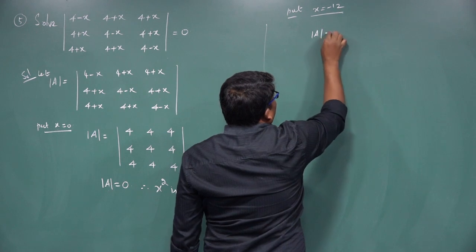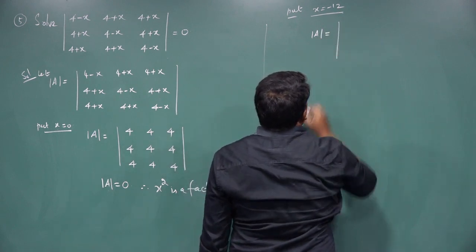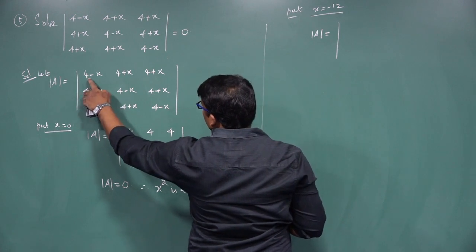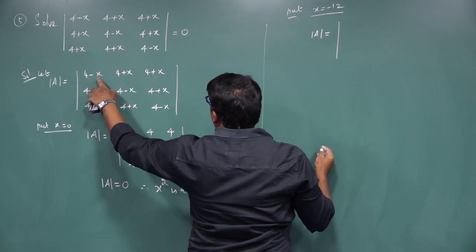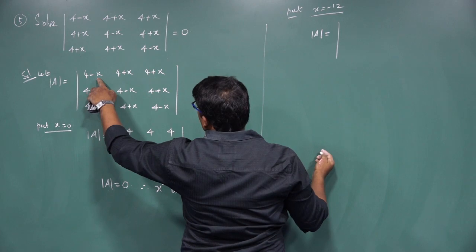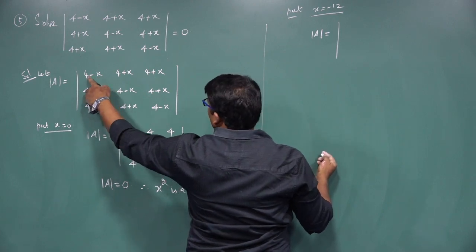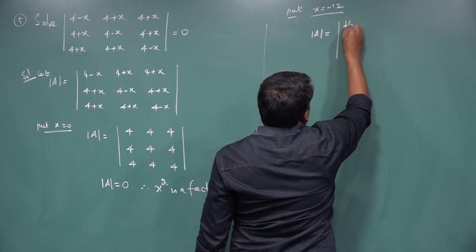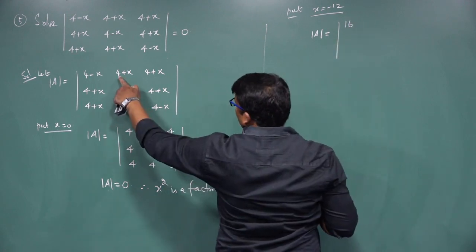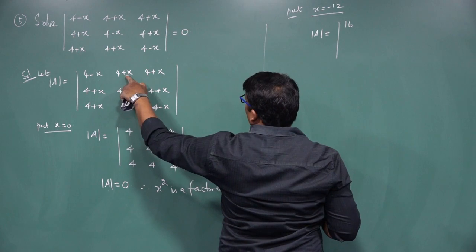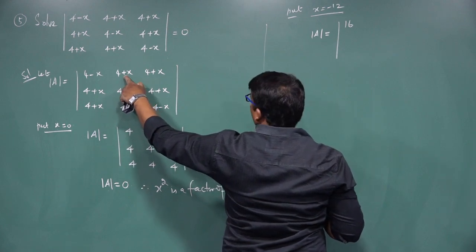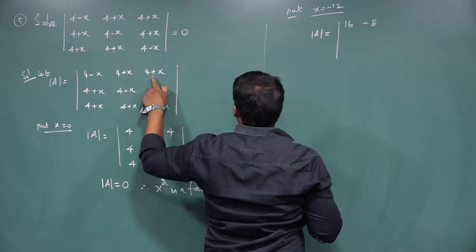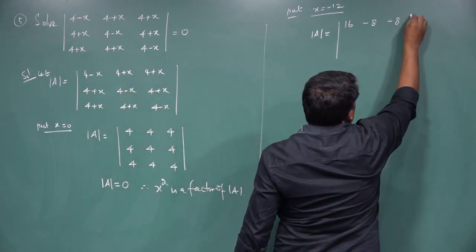The determinant A equal to, with x equal to minus 12, 4 minus 12. 4 minus of minus is plus. 4 plus 12 is 16. Next one, 4 minus 12 is minus 8. Next one, 4 minus 12, minus 8.